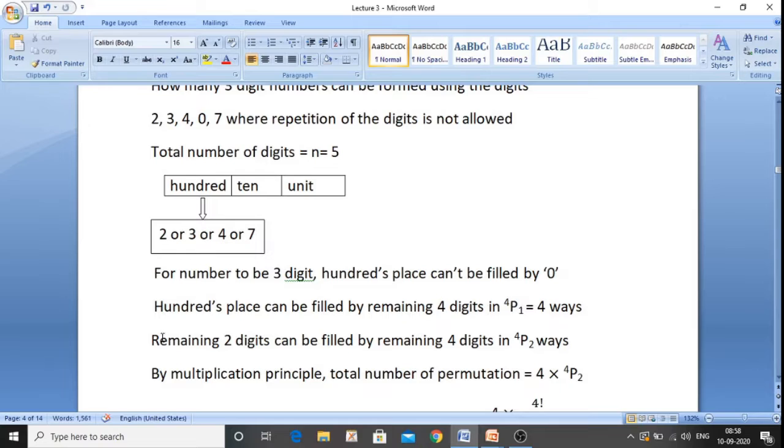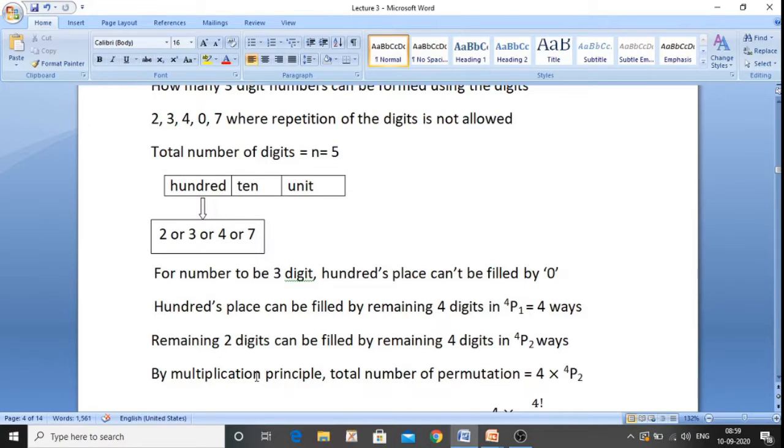Therefore the remaining 2 places, that is units place and tens place, can be filled by the remaining 4 digits, because totally we have 5 digits and 1 will be filled in the hundreds place. So the remaining 2 places can be filled by the remaining 4 digits in 4P2 ways.